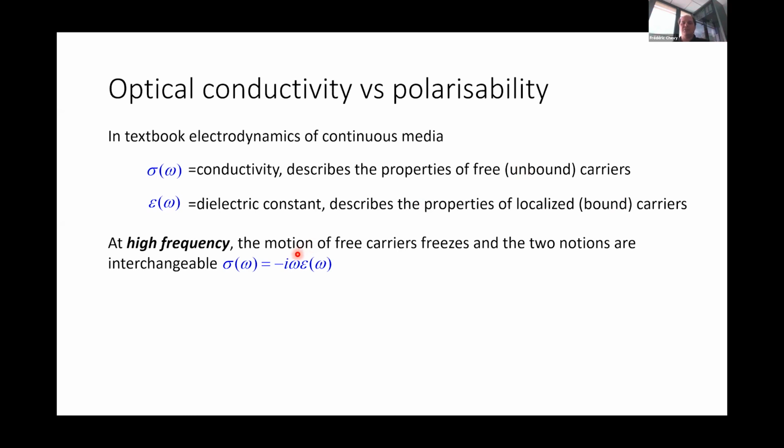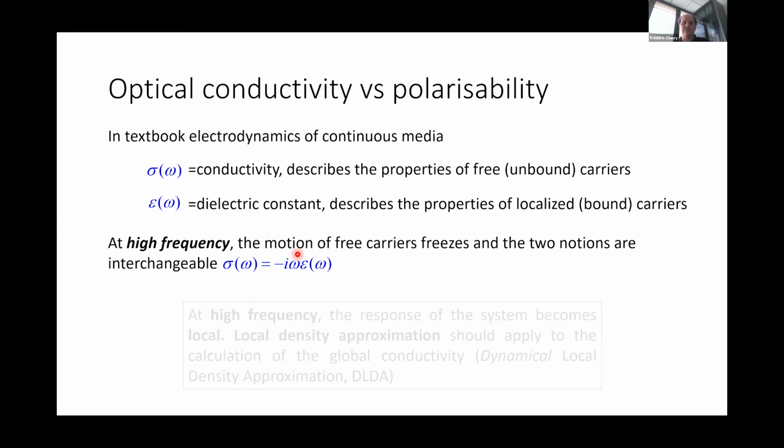Now, at high frequency, we know that because of their inertia, the motion of the free carriers is frozen. So essentially, they don't move a lot, and their motion becomes localized. In this case, at high frequency, you can either talk in terms of conductivity or dielectric constants.